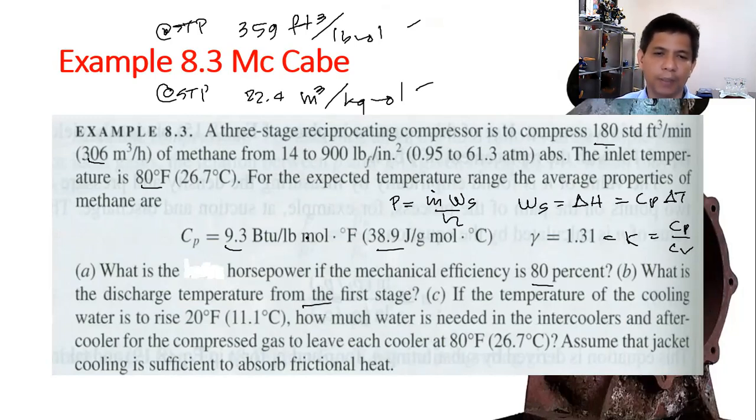So just simply use the equation P2 over P1 is equal to T2 over T1 raised to K over K minus 1. If you happen to forget that equation, you can check it on page 10-44 of the handbook.